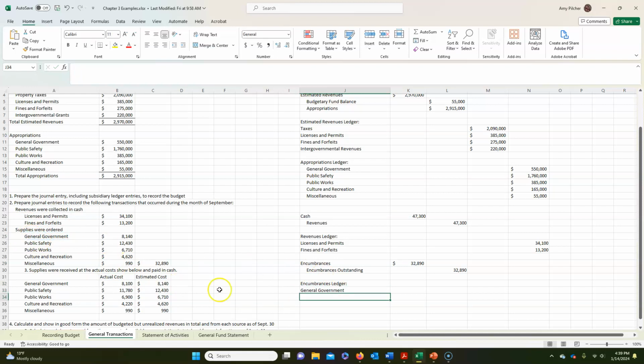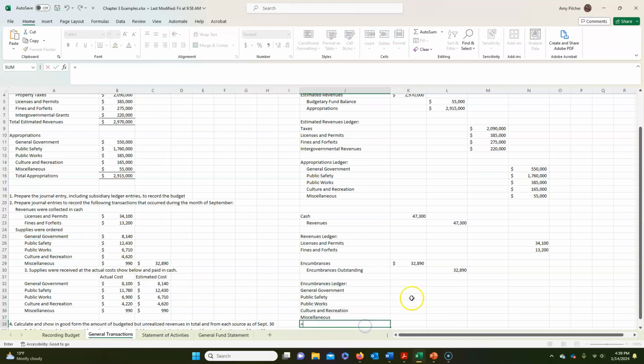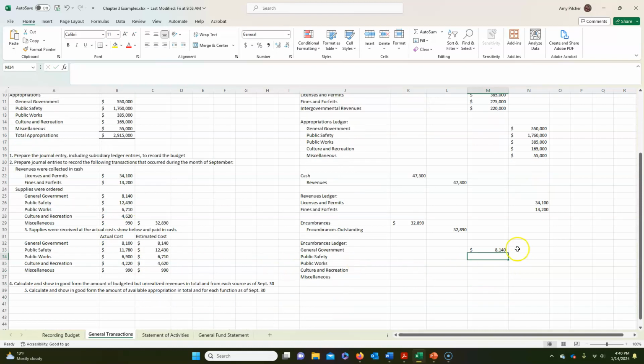So I'm going to copy that list over. And we have the amounts that we ordered here. Okay, in our subsidiary ledger.